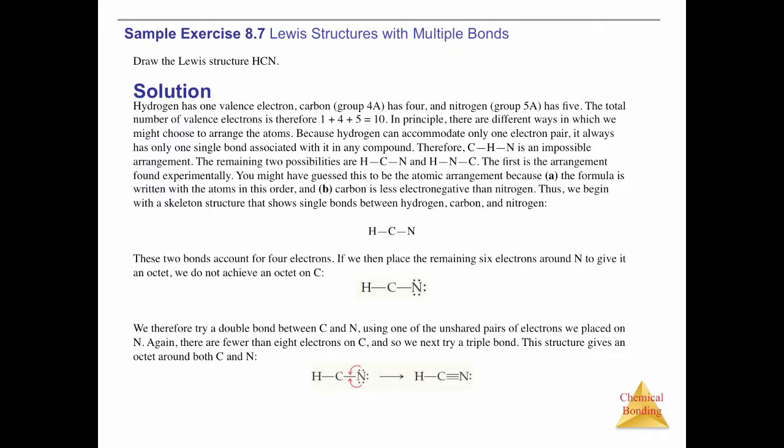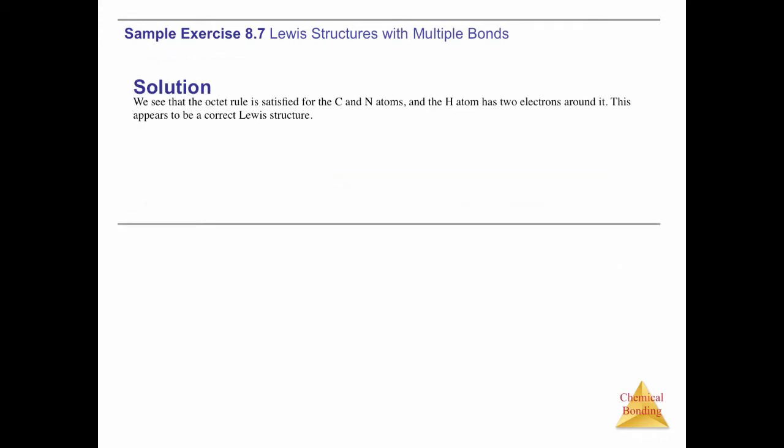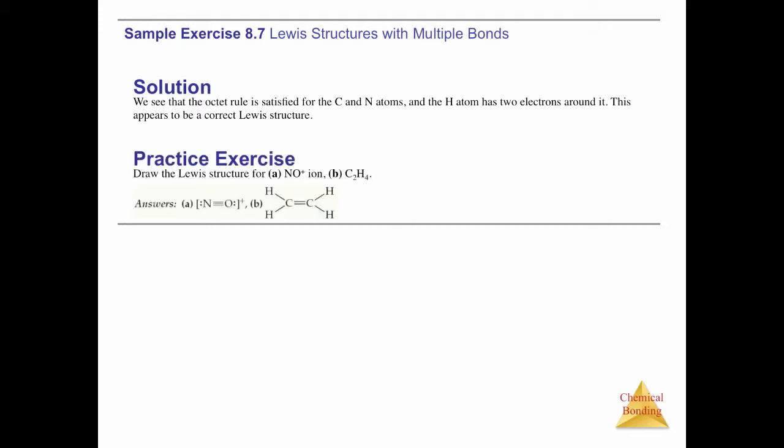We therefore try a double bond between carbon and nitrogen, using one of the unshared pairs of electrons we placed on nitrogen, and again there are still fewer than 8 electrons on carbon, so next we try a triple bond. This structure does give an octet around both carbon and nitrogen, so that would be the correct arrangement. Again, we see that the octet rule is satisfied for the carbon and nitrogen atoms, and the hydrogen atom has 2 electrons around it. This appears to be the correct structure.